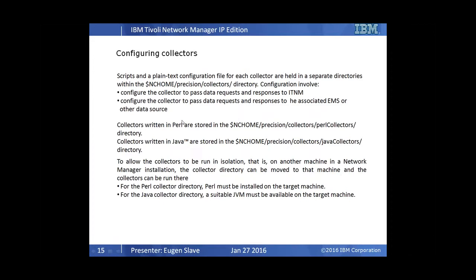Let's continue. To configure collectors, all the collectors are present in the NC Home Precision Collector directory. We have two kinds of collectors: collectors written in Perl, and collectors written in Java.